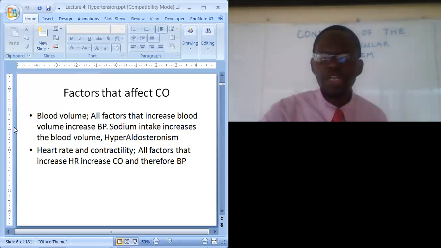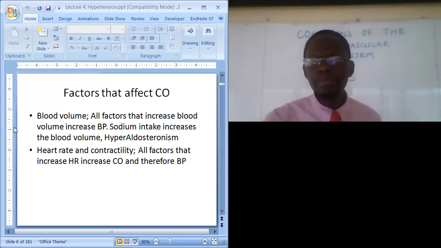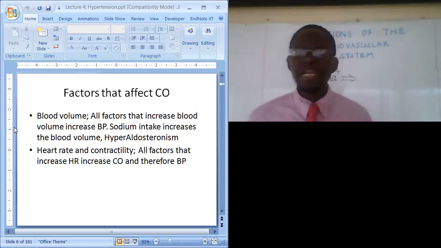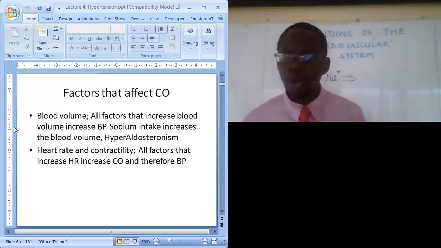So we also have conditions like hyperaldosteronism. Aldosterone causes absorption of sodium within the nephron, and as a result, if sodium is absorbed, the water will follow.